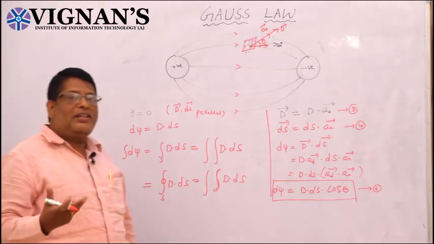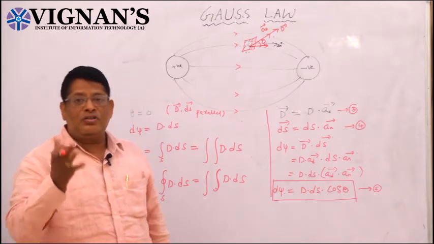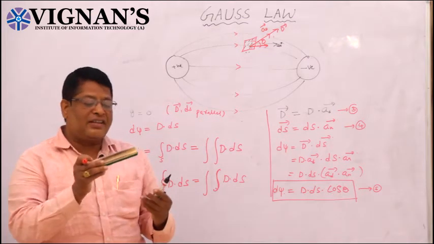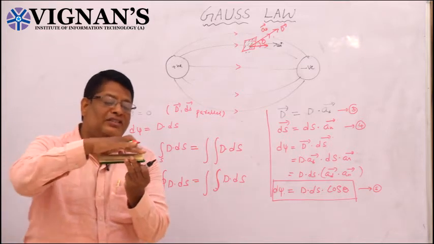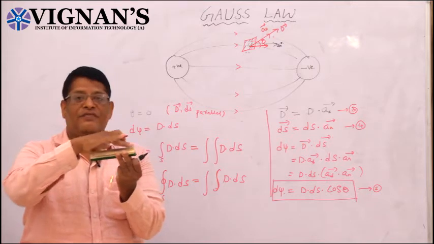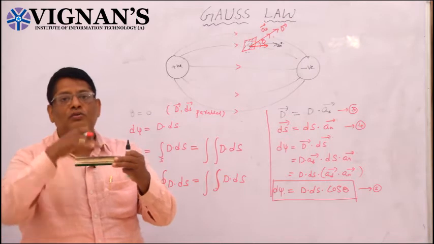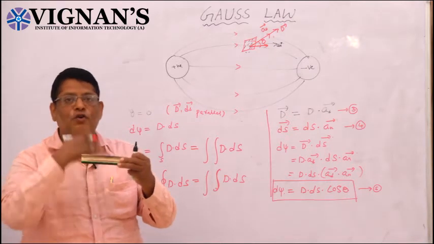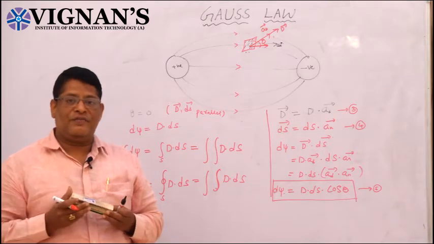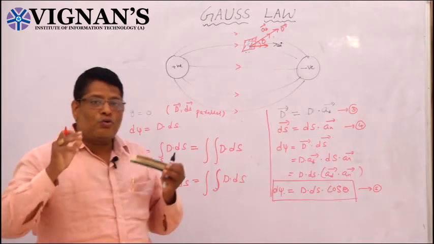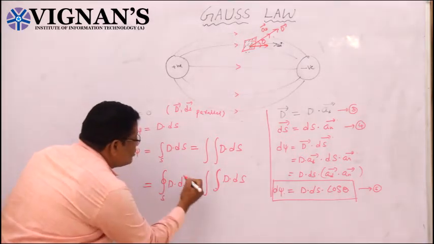Now let me see an example for the open surface area and closed surface area. Suppose if we consider this duster, if we consider only this area, this is an open surface area. Suppose if we consider the total, it is a closed surface area. All four sides are represented in the closed surface area. So to represent the closed surface area, here we are keeping the circle.